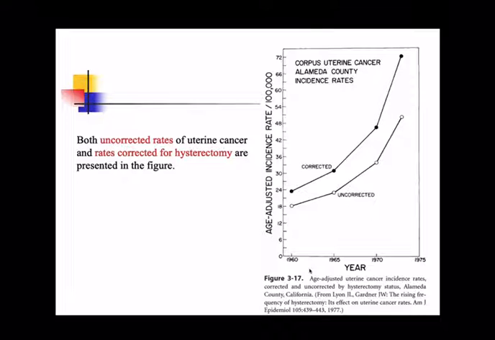Because in the corrected rate, women who have had hysterectomies are removed from the denominator. Consequently, the denominator gets smaller and the rate increases. However, in this case, the change over time is not significantly different whether we use corrected or uncorrected rates.